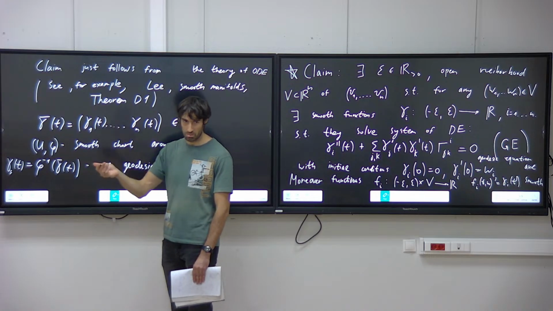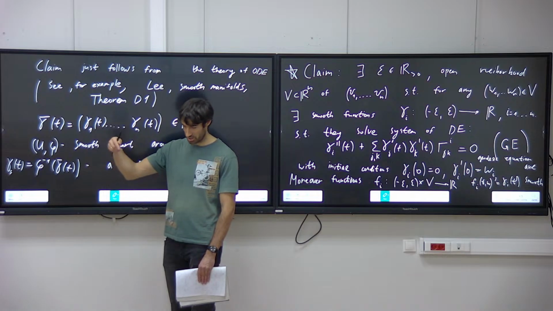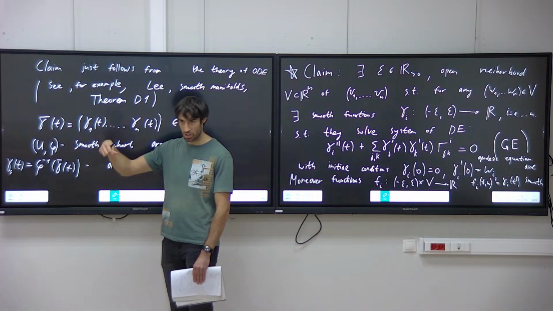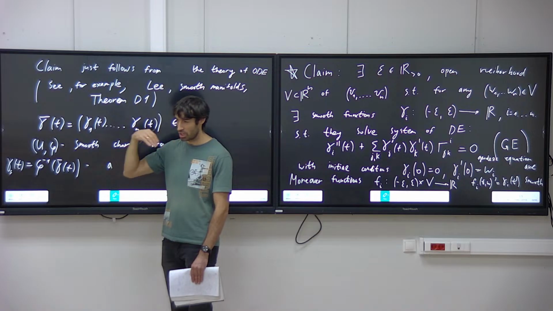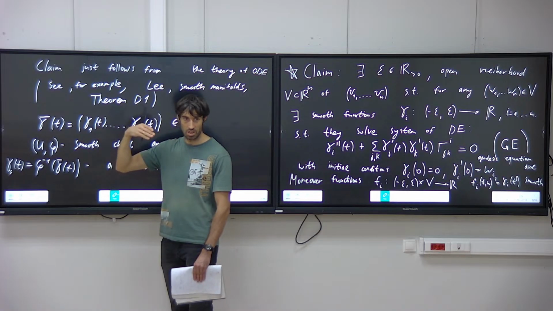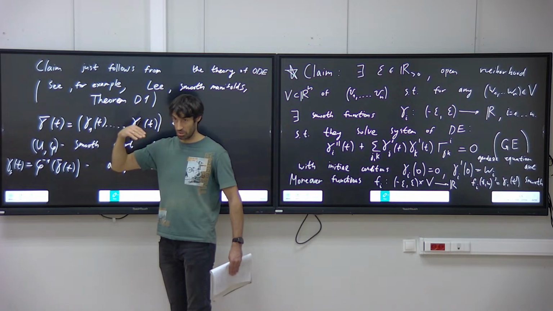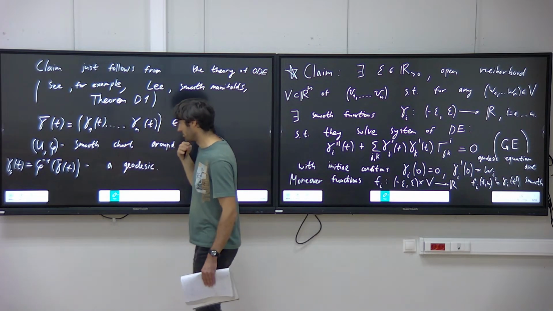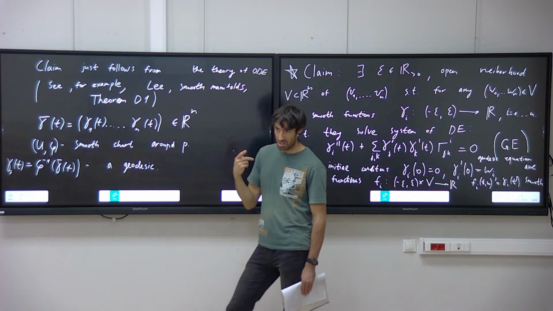Basically, one geodesic is smaller than another if the small one is a restriction of the bigger one. Okay, this is a partial ordering. And of course, any chain has a maximal element, which is just a union of all these curves, right? Take a union. And so every chain has an upper bound, therefore there exists a maximal element in this set.